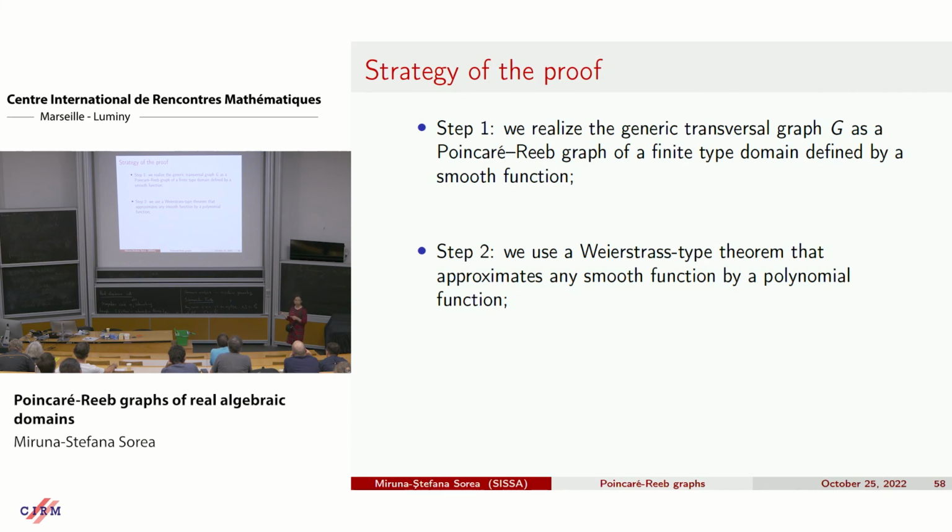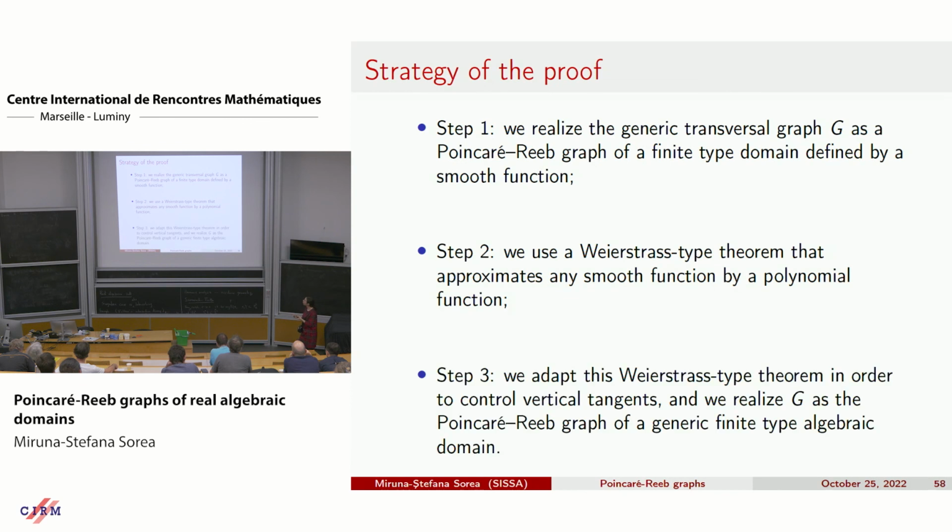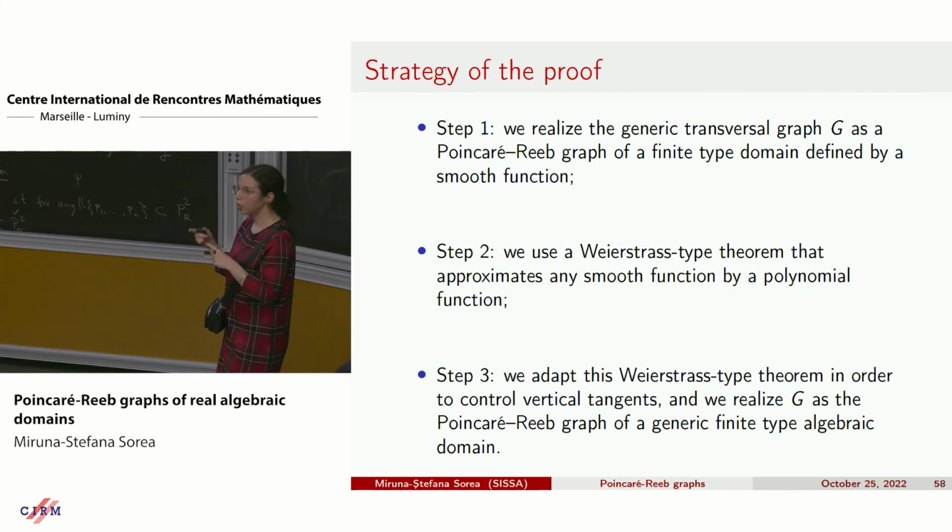So we need to control those. That's why it needs to be an adapted version of Weierstrass, where we control the points of vertical tangency with some partial derivatives with respect to y. And this is in a nutshell, because there are technicalities behind.